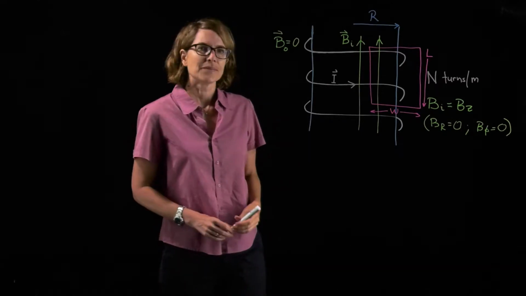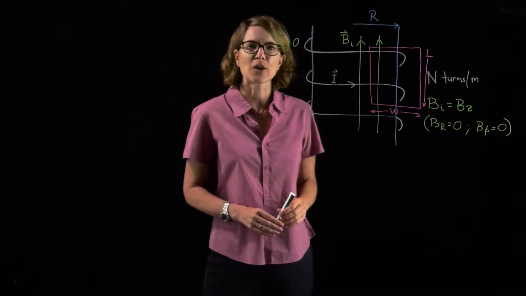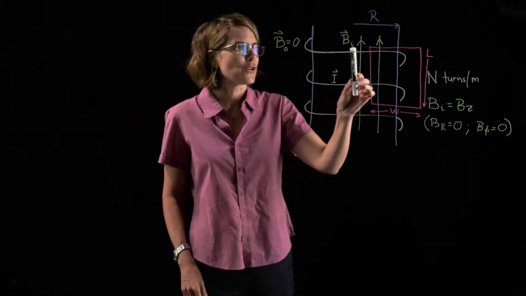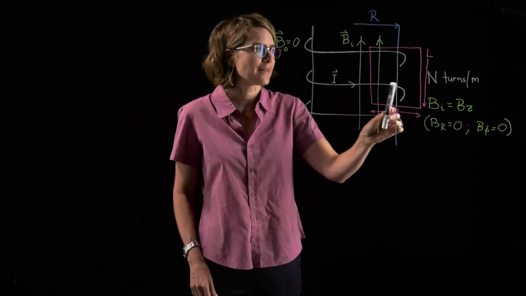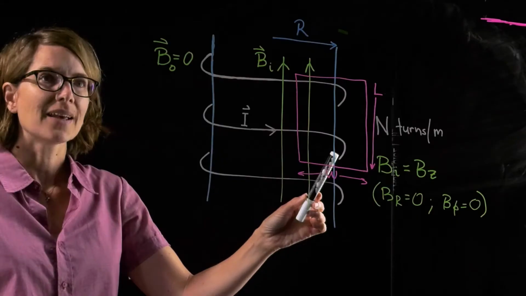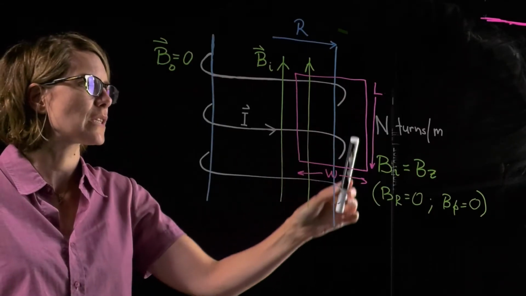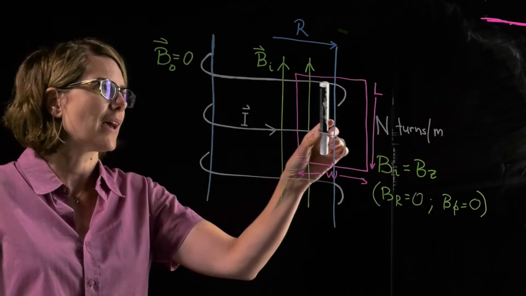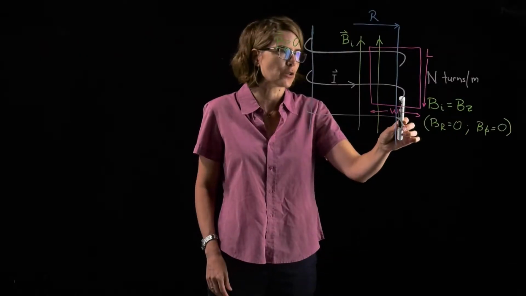Now the current that flows through each wire is I, and so the current that flows through this loop is I times the number of wires that go through this loop.